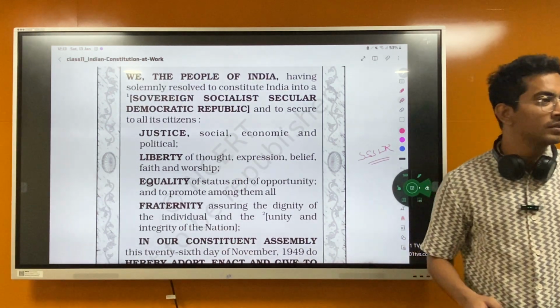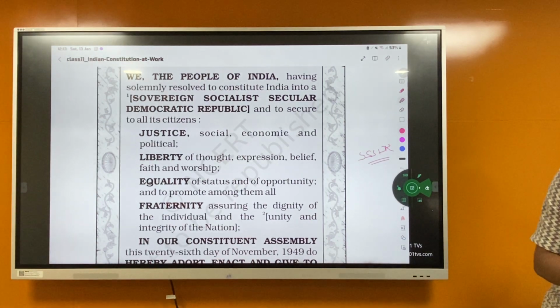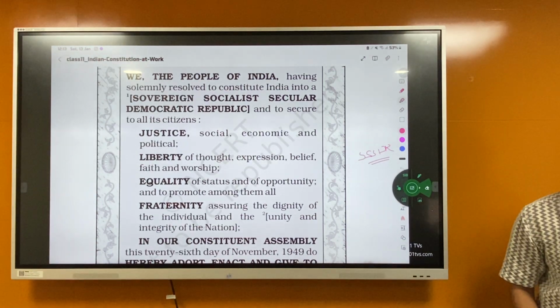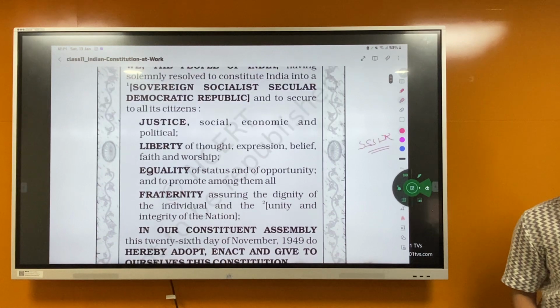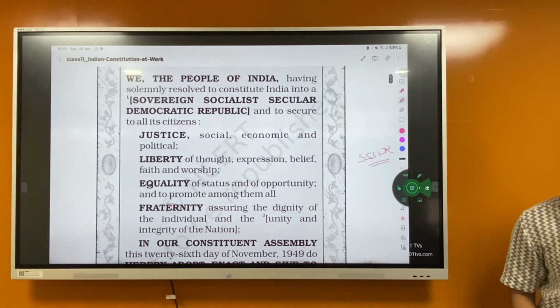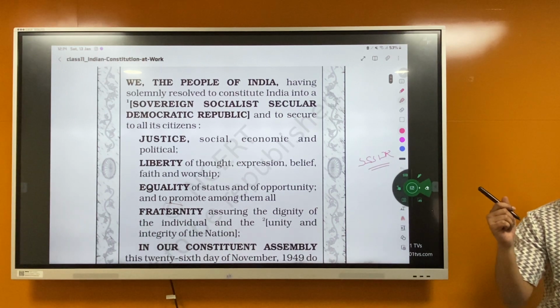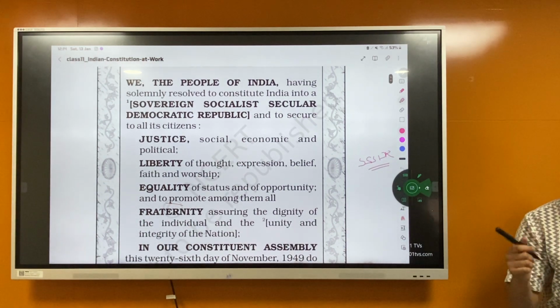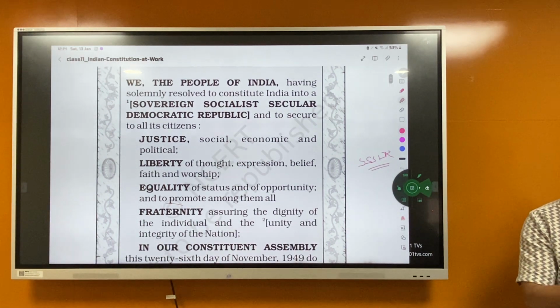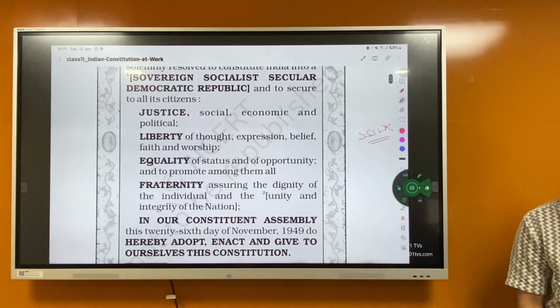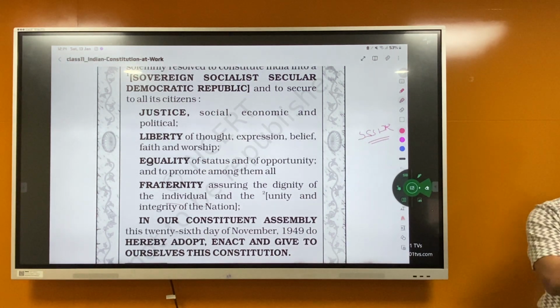This should be learned by heart. You can write all the words which are highlighted, like SSSDR, justice, liberty, equality, fraternity, unity, integrity also.